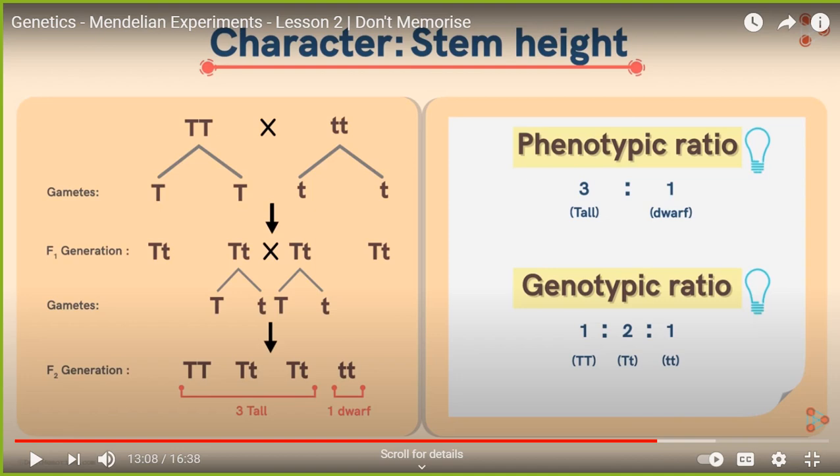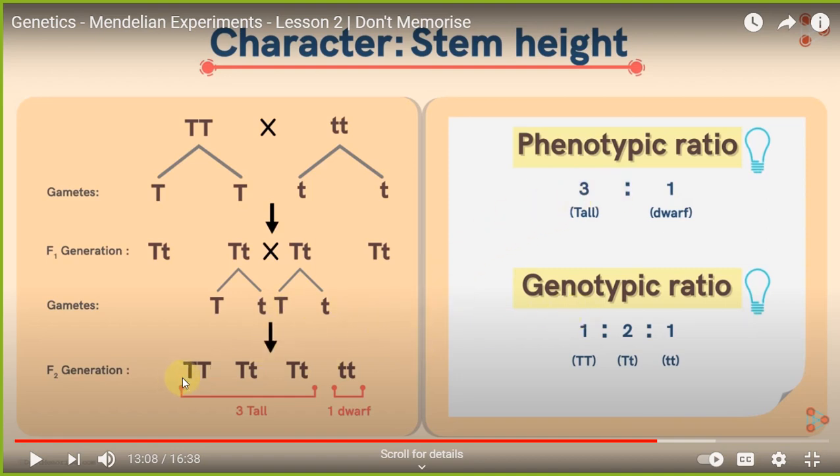Na-gets nyo po class yung two terms, yung phenotypic ratio and genotypic ratio. When we speak of phenotypic ratio, it looks for the physical appearance. Kaya nga siya physical appearance. So it's either tall or dwarf, white or purple, green or yellow. It's the phenotypic ratio, regardless of what the genes are.